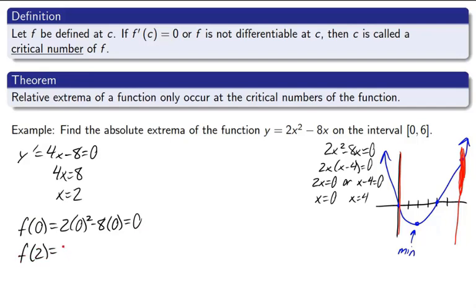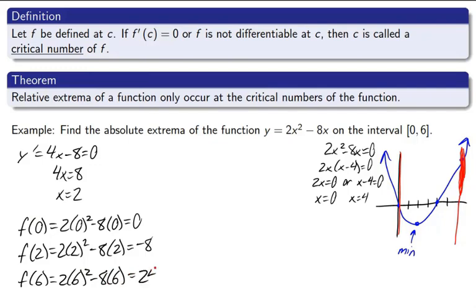We'll also look at the relative extrema. So f of 2 is 2 times 2 squared minus 8 times 2. That's 8 minus 16, which is negative 8. And then finally we think 6 is where the max is. So 2 times 6 squared minus 8 times 6, that is 24.